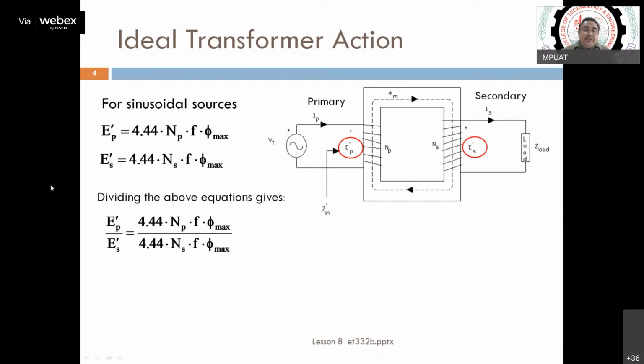Similarly, the secondary induced EMF ES dash also comes out to be 4.44 NS f phi max, where NP is the number of turns on the primary side and NS is the number of turns on the secondary side. So if you divide equation 1 by equation 2, you will get that the ratio of primary induced voltage to secondary induced voltage is nothing but NP by NS.